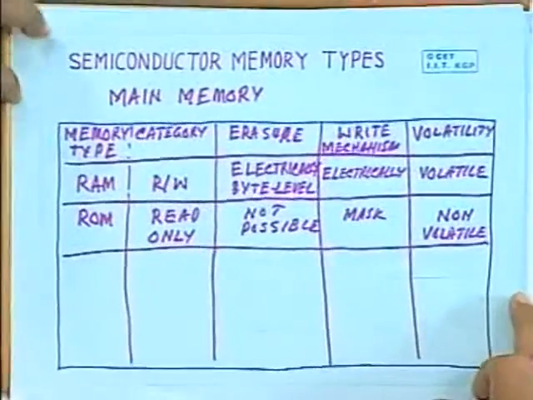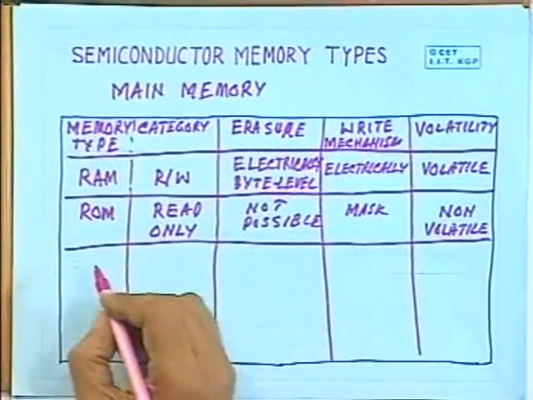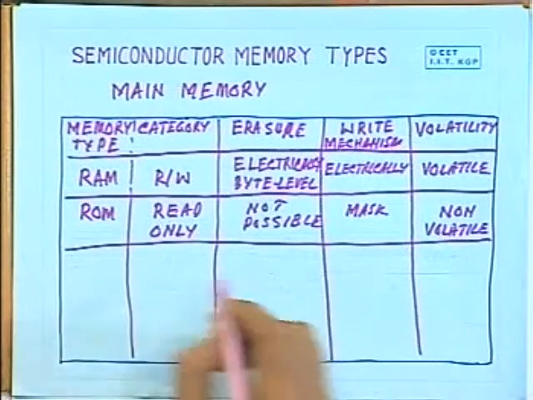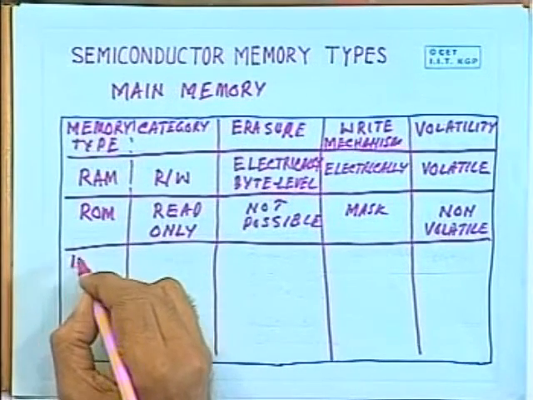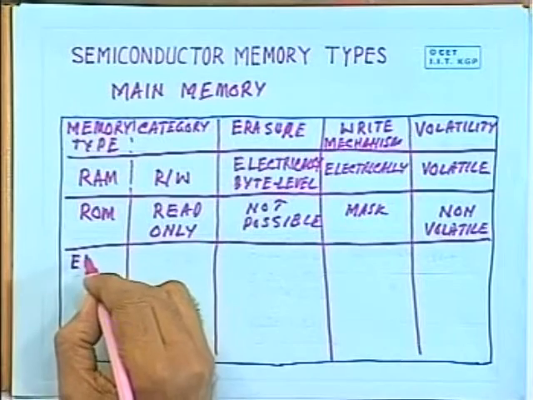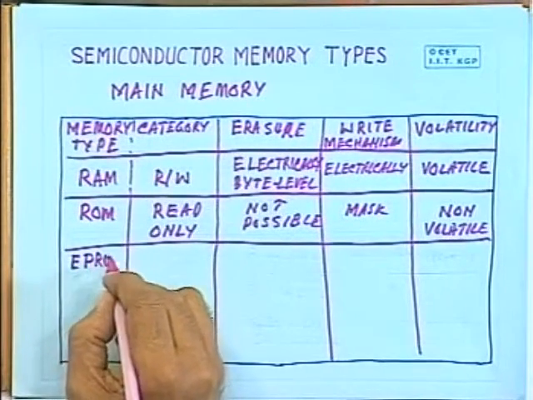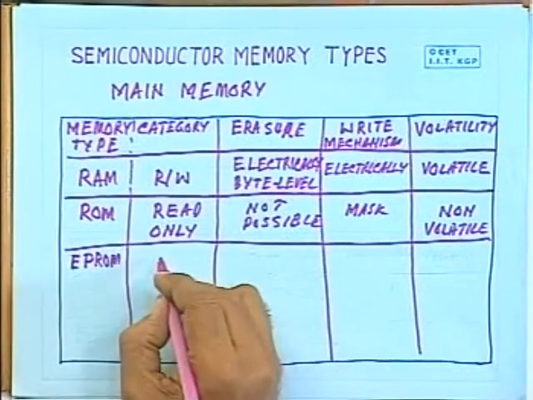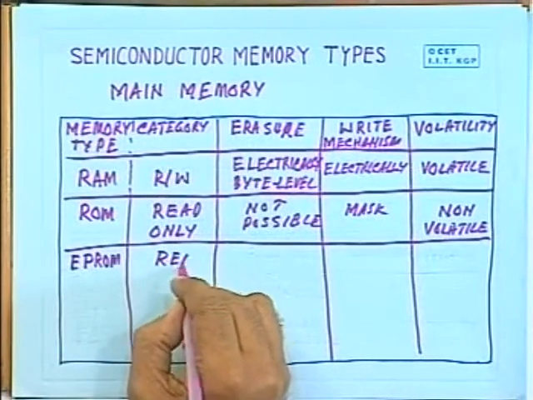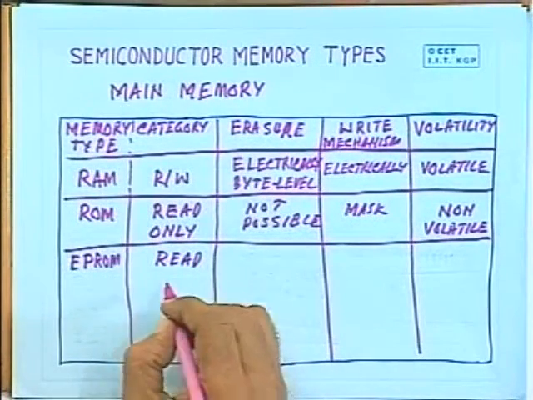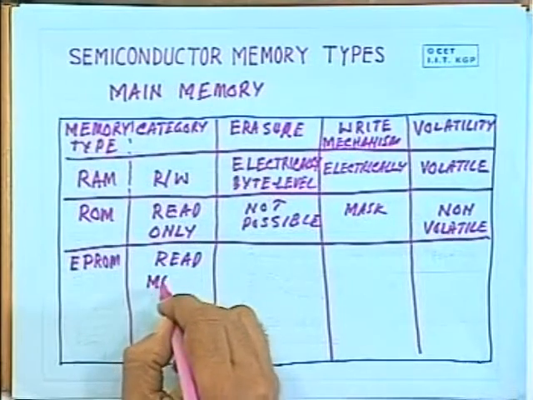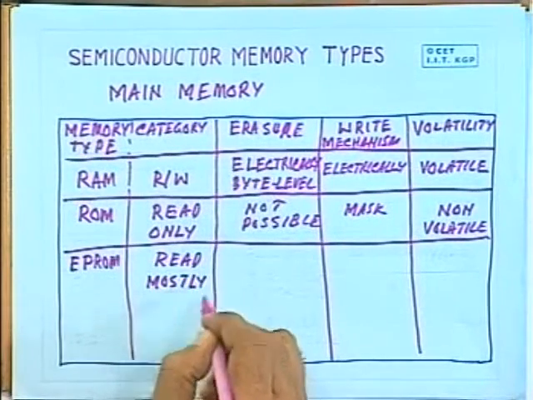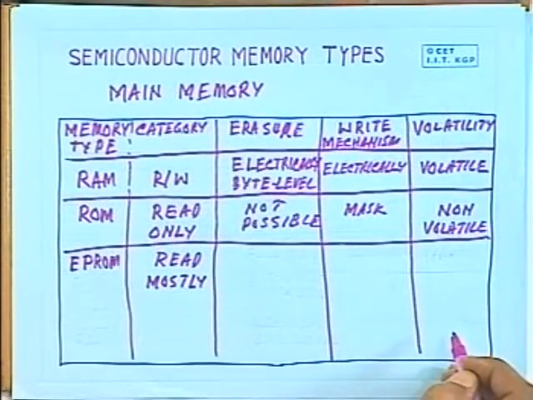Of course, the concept of ROM has been extended in the subsequent years, leading to other types of ROM like electrically programmable ROM. This is also read-only, or you can say read mostly. Most of the time we will be doing the reading.